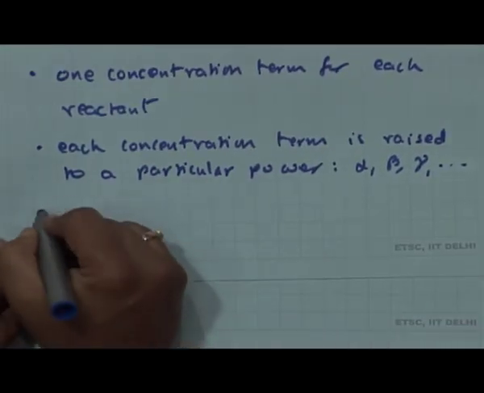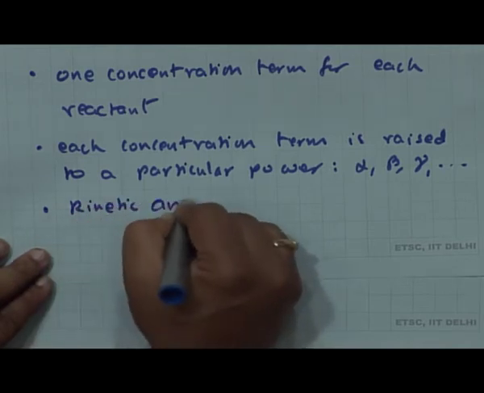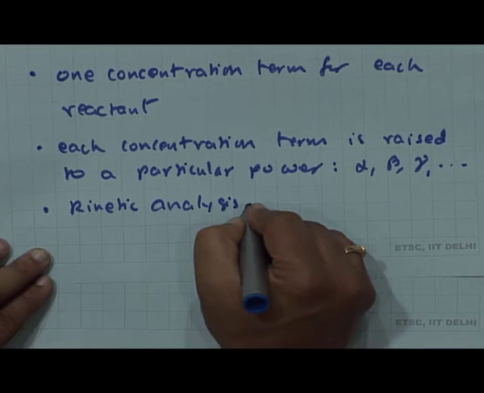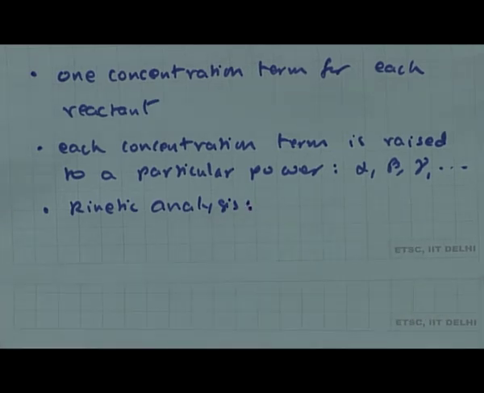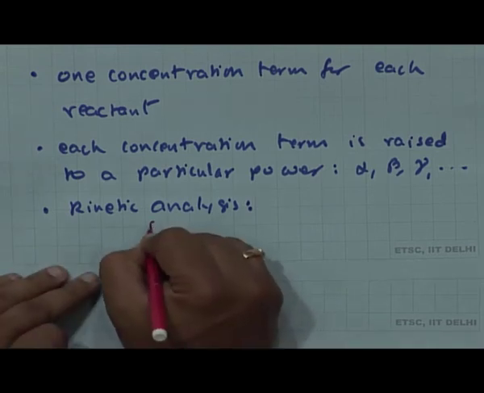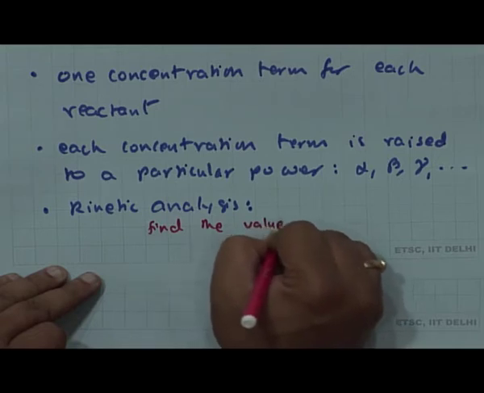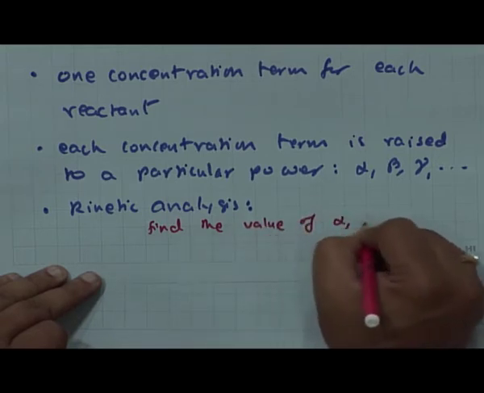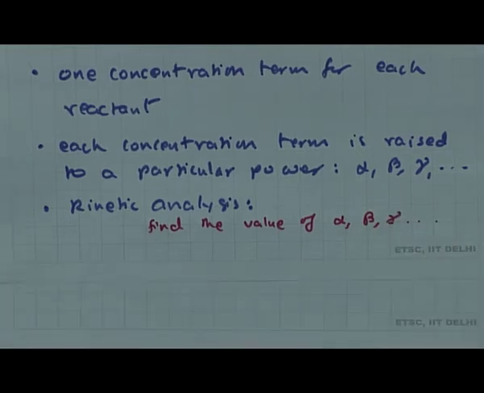If I do a kinetic analysis, what would I aim to do here? Again, I am doing a kinetic analysis. What do I mean by that? If I am doing this analysis, what I am trying to do is find the value of alpha, beta, gamma and so on.